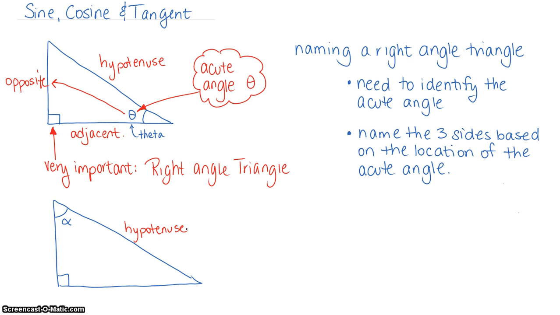The opposite now becomes this side down here, because it's opposite the angle that we're looking at. And the adjacent is the side that is touching the angle that is not the hypotenuse.